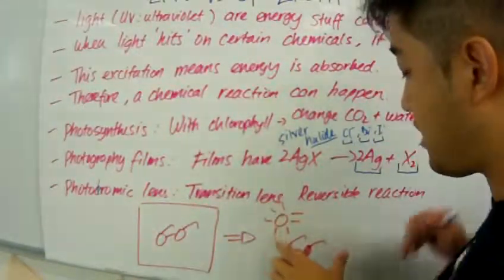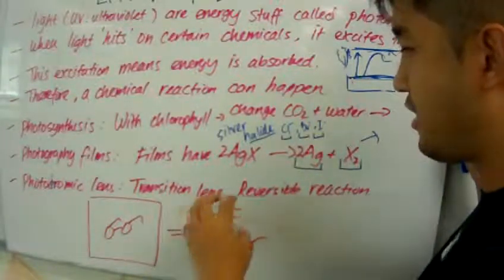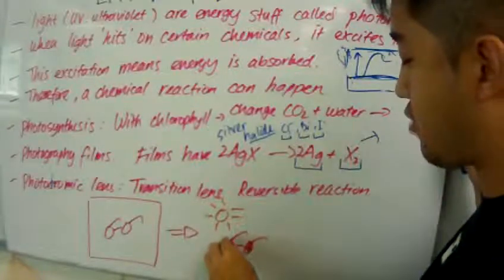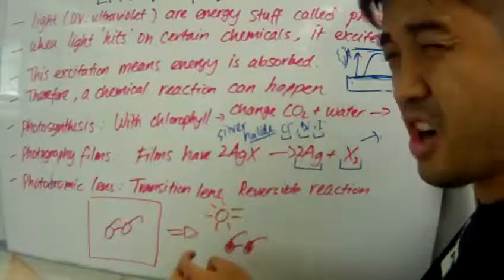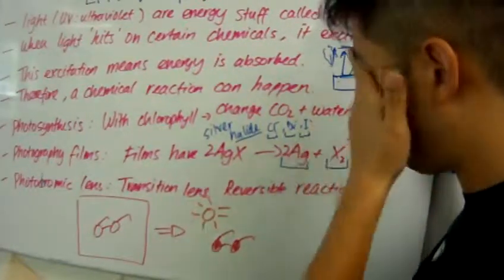When you go outside under the sun, UV light hits the lens and induces a chemical reaction. The lens turns dark, and so you block UV light as well as sunlight, visible light.